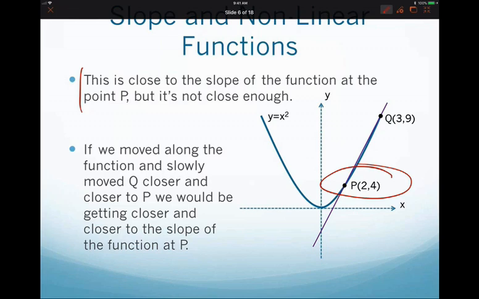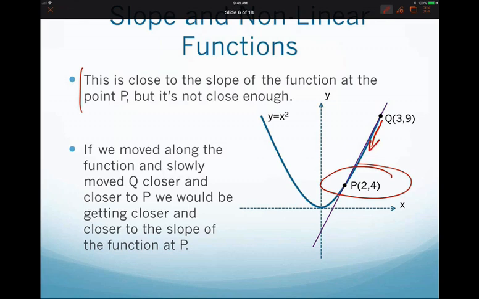But what we're going to do, essentially, for the rest of this video is really one thing. We have to build up to it, but all we're going to try to do is start with the slope of this line, and slowly move Q this way.